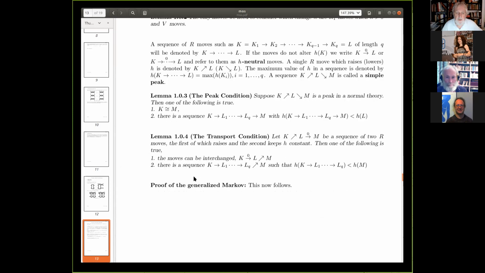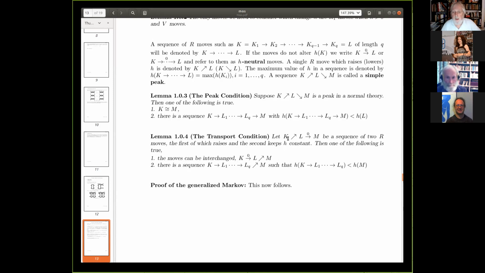And then there's the transport condition. So supposing K goes up to L and then H is constant from L to M, then one of the following is true. Maybe the moves can be interchanged. So K goes to L without raising H and L rises to M. I think L might have to be a different L, but anyway, you see what I'm trying to do.